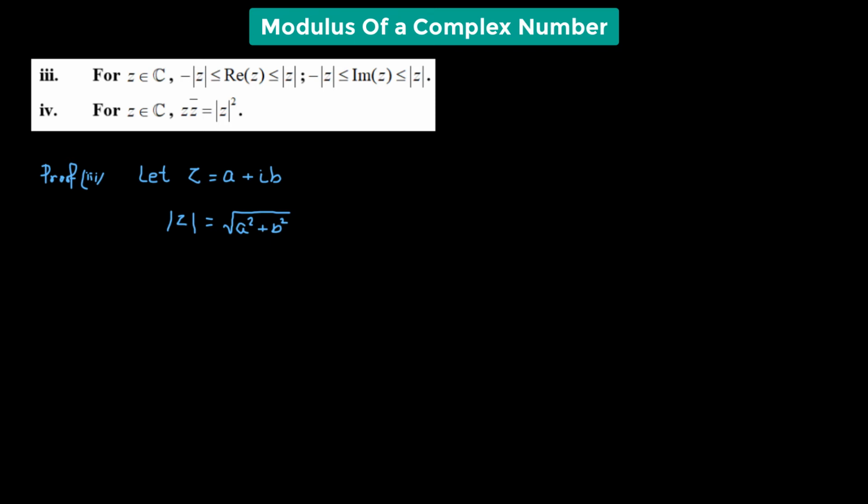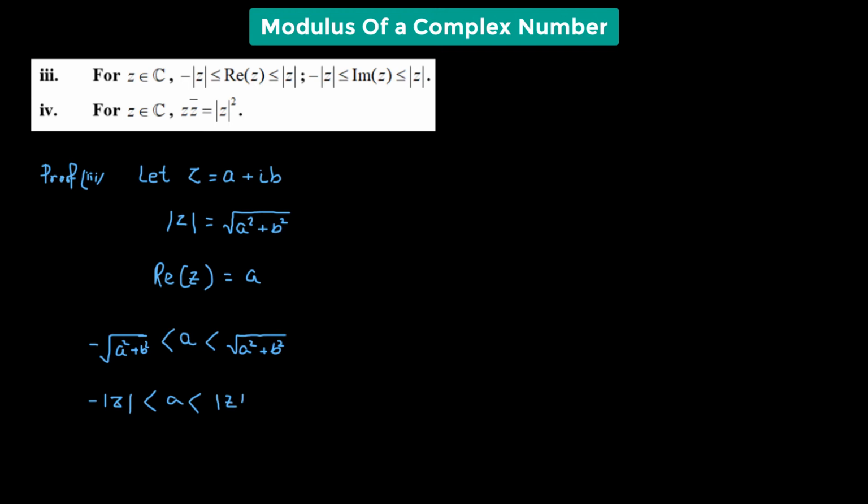Now what it is saying is that when you find the real part of z, the value is equal to a. That's saying that the value of a is always greater than the negative of the absolute value of z, which is the square root of a squared plus b squared, and it's less than the square root of a squared plus b squared, which is the absolute value of z.